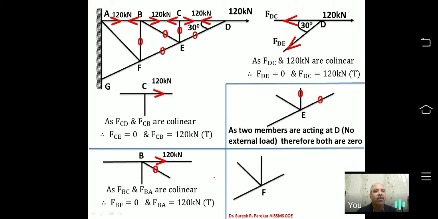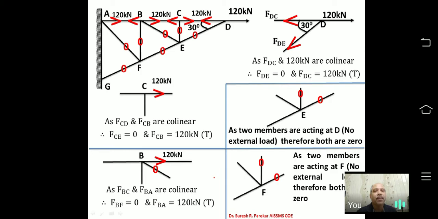At joint F we have four members, but two are 0, so we have two forces only, and the forces in both members should be 0, because no external load, no reactions. We will mark forces in the main figure, and this gives me the total P forces in the members. Now I will not go for K forces separately, because once I know P forces, I can apply a unit force at D, that is 1.